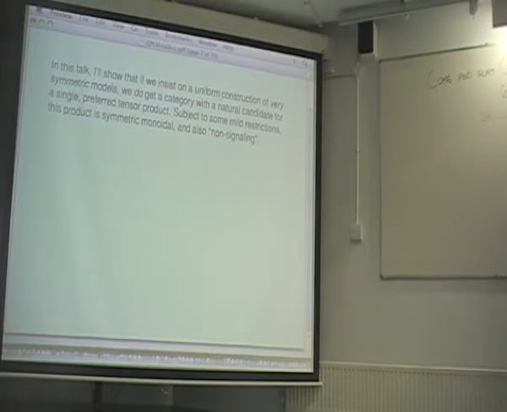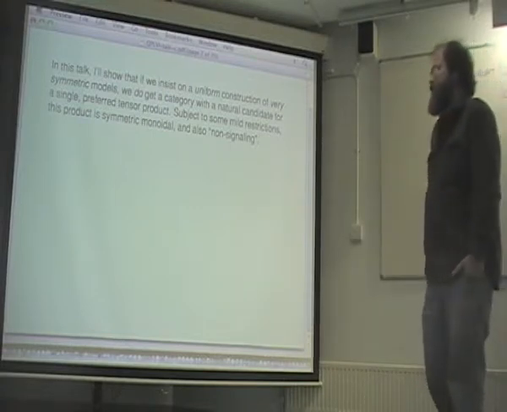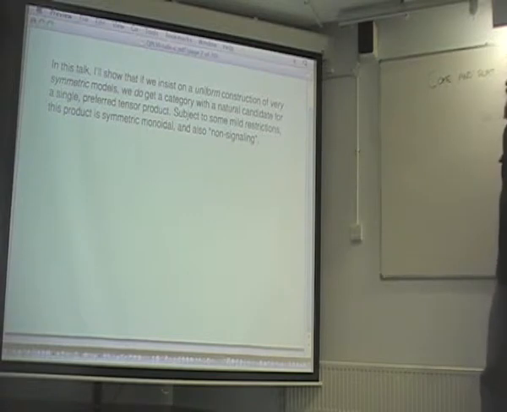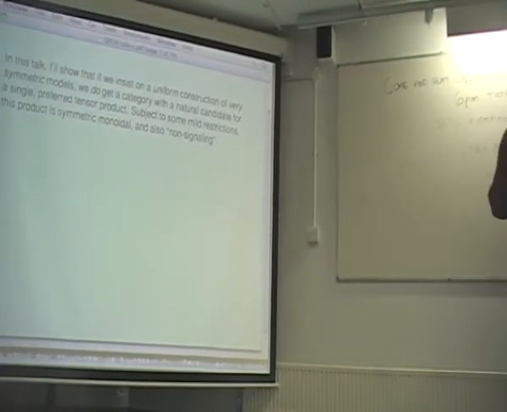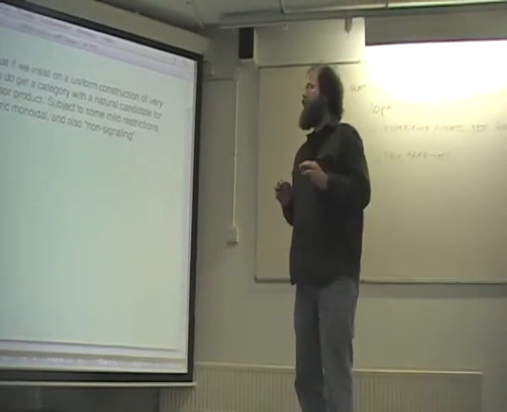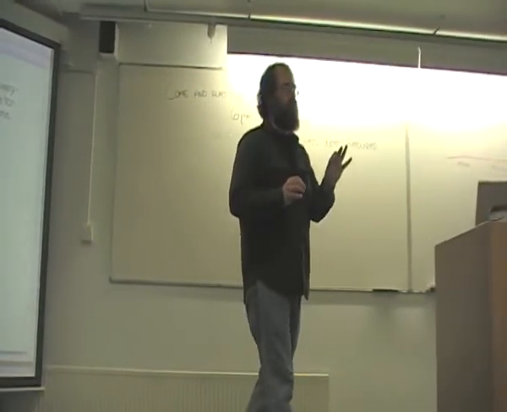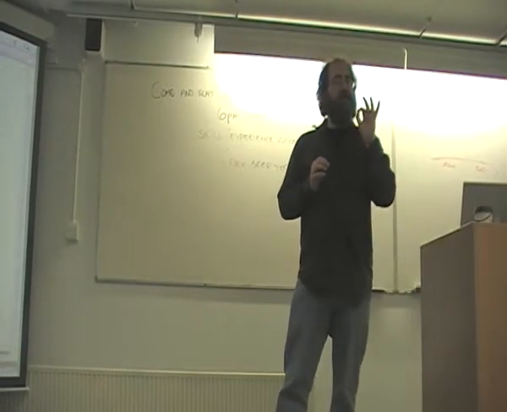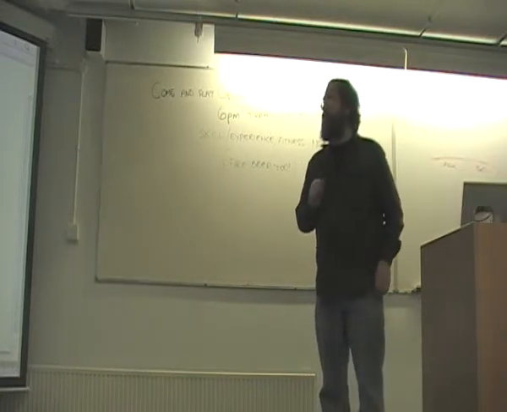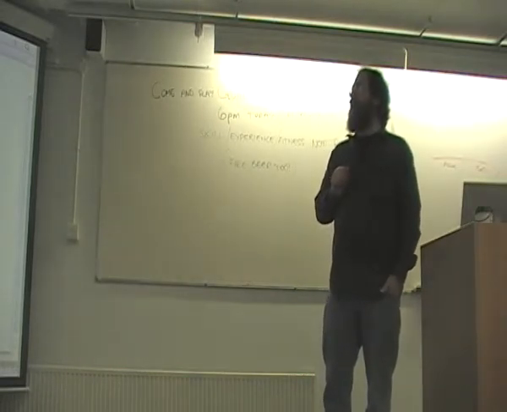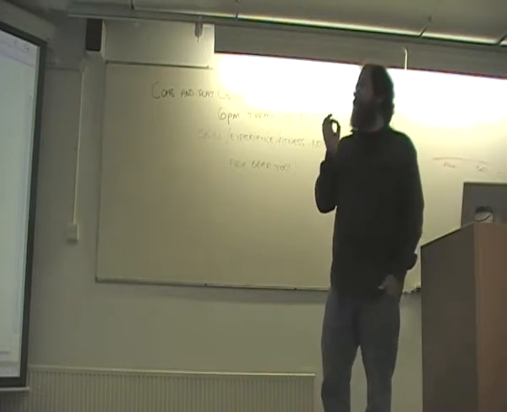Okay, what I'm going to do in this talk is to try to, I say here show, but perhaps better I should say, I'll try to persuade you that if we insist that our construction of probabilistic models, on the one hand, be very uniform, be done in a sort of consistent, uniform way, I'll specify what I mean by that, and if we also insist that the models that we are building in this uniform way all be very highly symmetric in a way that I'll also specify, then those two requirements actually do lead to at least a natural candidate for a single preferred tensor product.